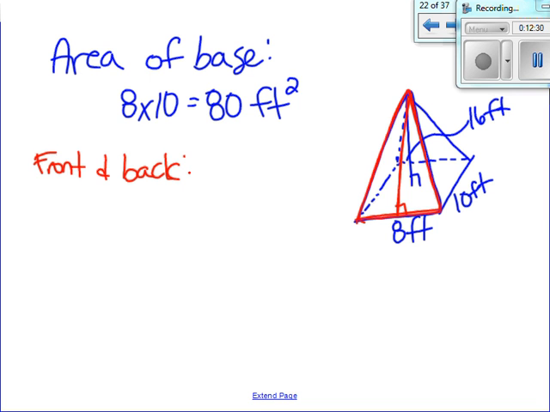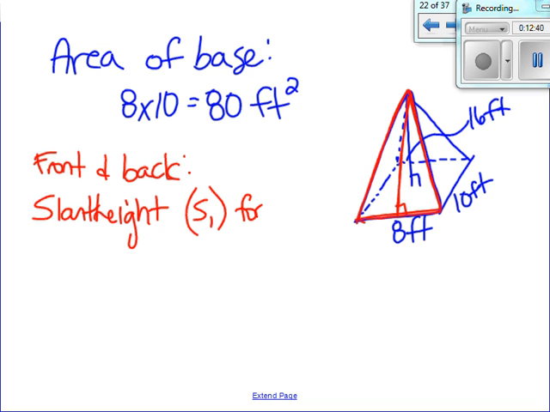So now I have to find the slant height for this triangle. And I'm going to call that S1. The way we're going to do that is using the Pythagorean theorem. So basically what I've done is I've got a 3D model here. I've got this one as a hypotenuse.